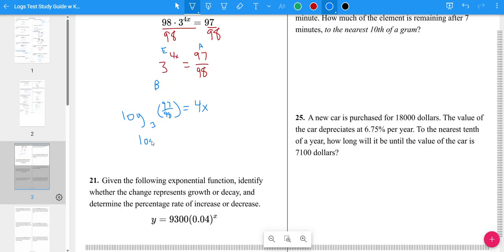So log base 3, I'm going to type that in and divide it by 4.